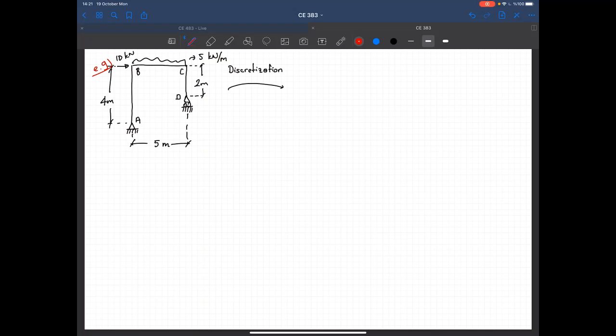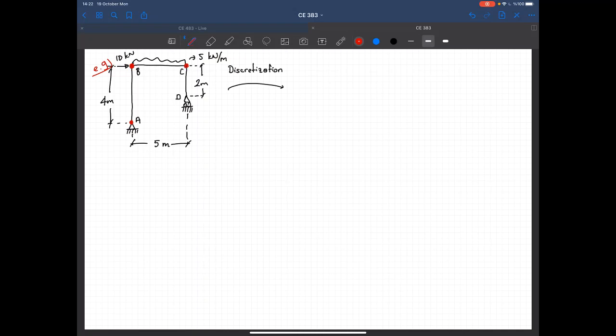Now, first, the discretization starts with assigning nodes. At point A, we have a discontinuity, right? We have a support, so I should have a nodal point here. At point B, the geometry changes. We have two members here.